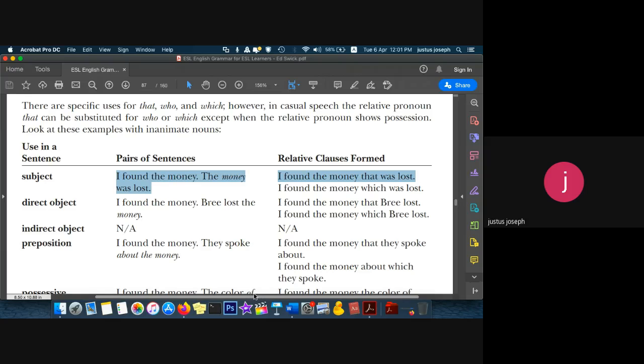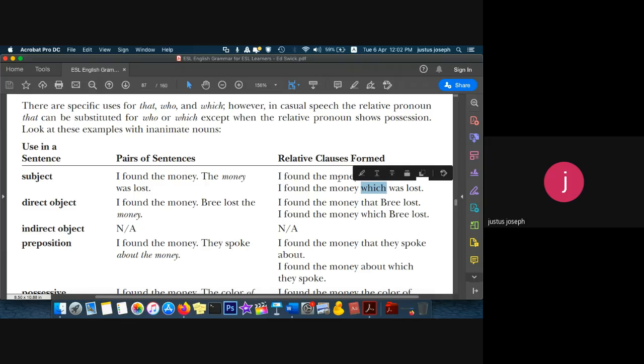I found the money. The money was lost. If you want to join these two sentences, you can simply say it as I found the money that was lost. Or you can also use it like this, which was lost.